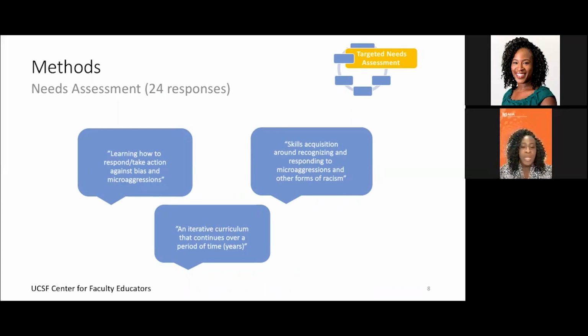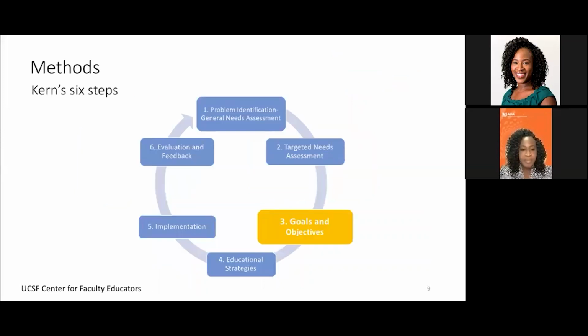They also mentioned skills acquisition around recognizing and responding to microaggressions and other forms of racism. Another response was an iterative curriculum that continues over a period of years. This led us to the third step in Kern's, which is goals.